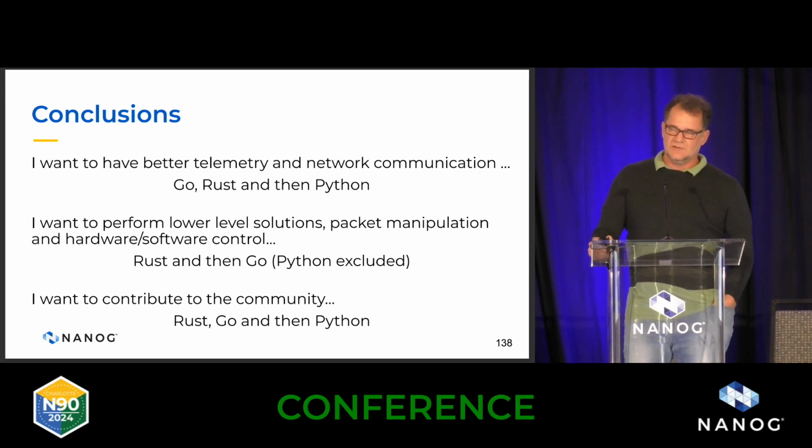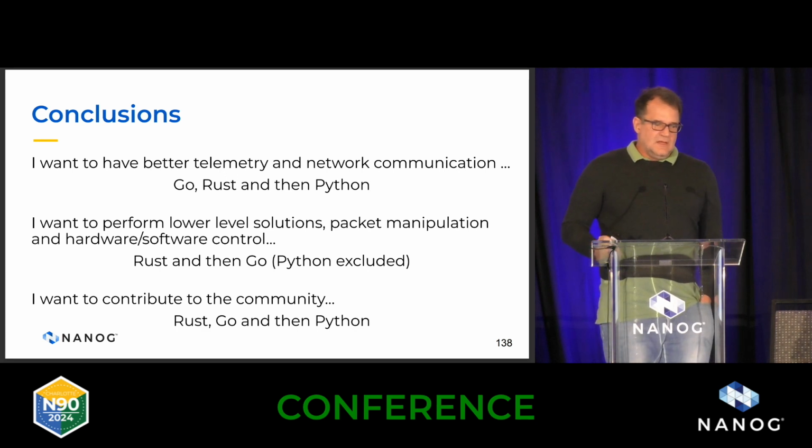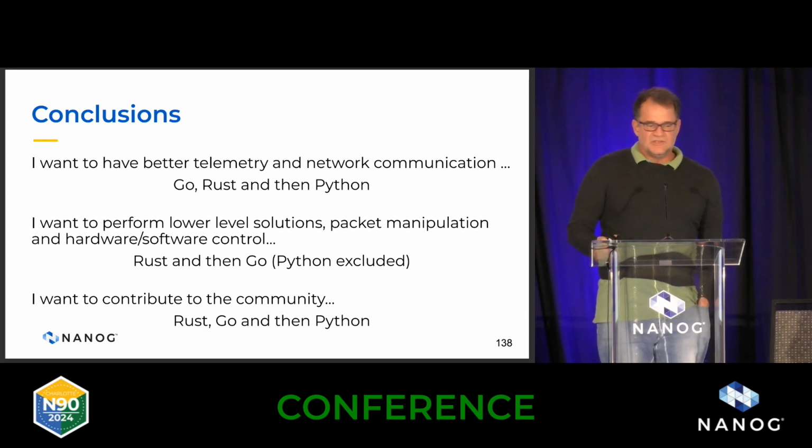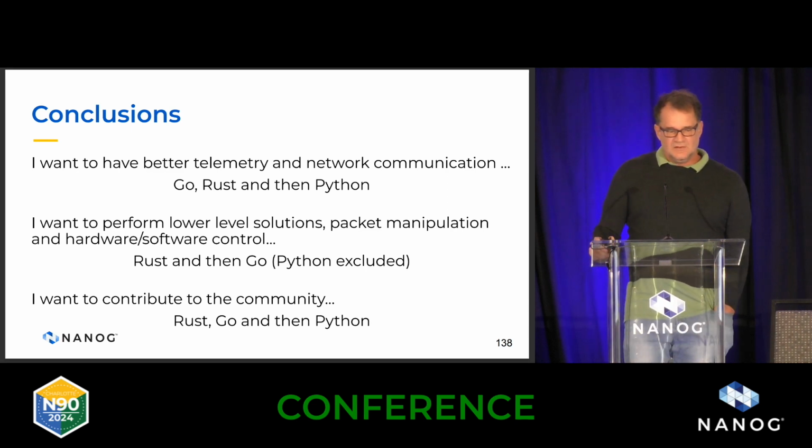So Rust second, and Python. If I want to build a low-level solution, packet manipulation, hardware, software, it's again Rust and Go, and Python is excluded. And if I want to contribute to the community, Rust is the winner because there aren't many implementations. So if you want to contribute something, it's the best way to learn Rust.